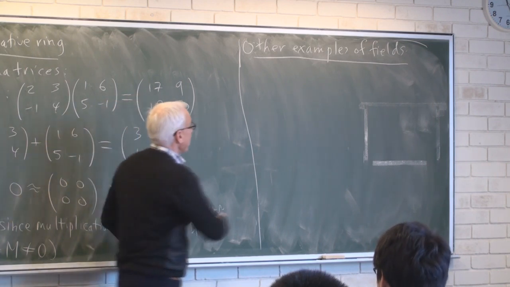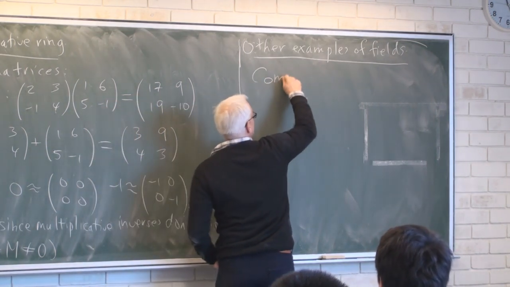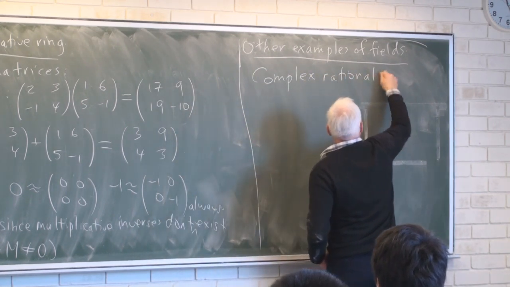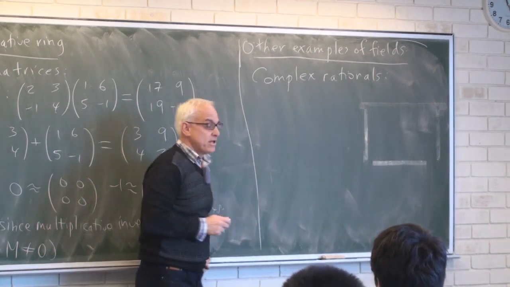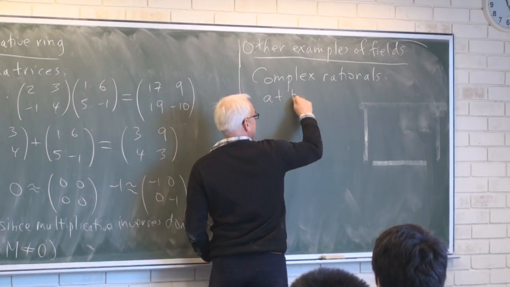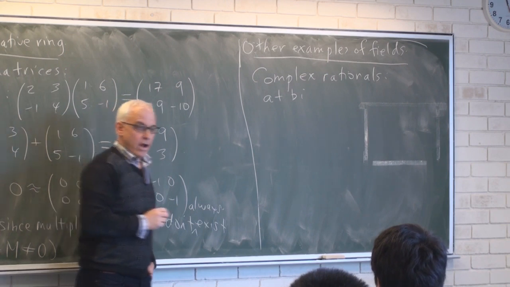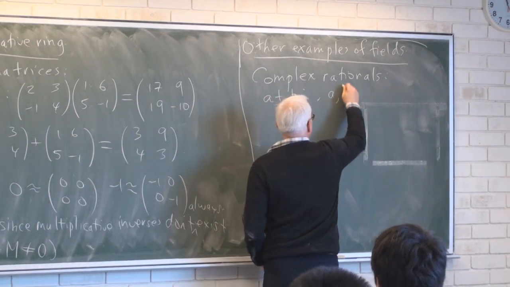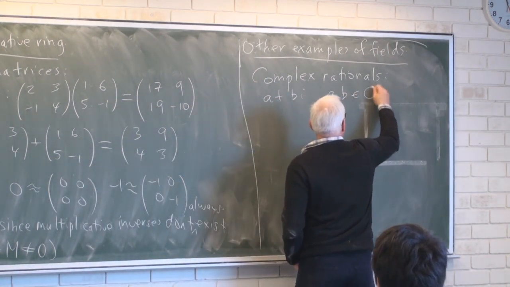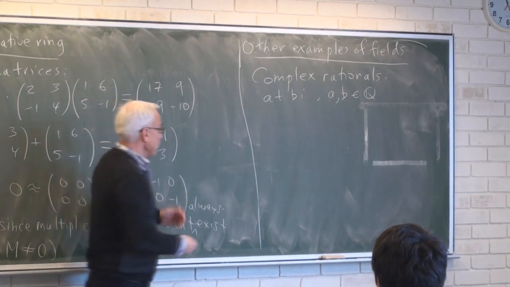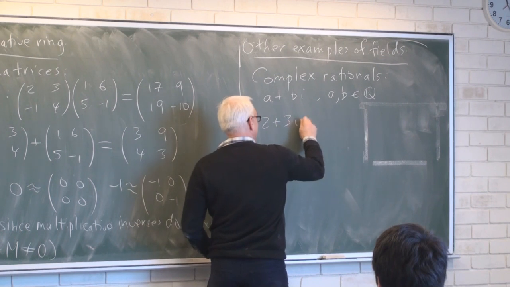For example, we can talk about the complex rational numbers. Okay, things of the form a plus bi, where a and b are rationals. And the addition is in the usual way.